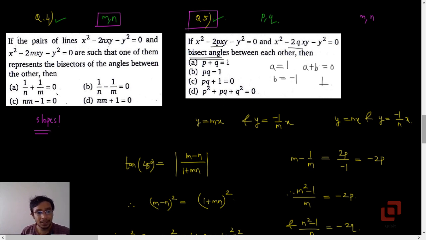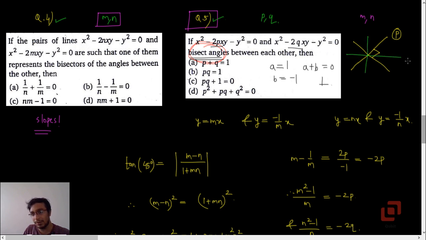Okay, and more importantly, the problem says that they bisect the angles between each other, which means the following. If we draw the lines given by the p equation, clearly they will be perpendicular to each other. Yes, and now if we draw the lines given by the q equation, both of them will bisect these angles, right?